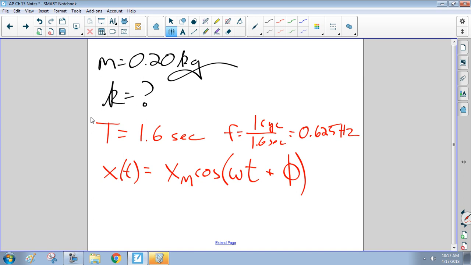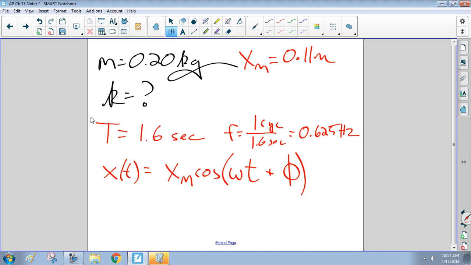It's our shift, right? So, we found our x max, right? What did we decide x max was? I think we used 0.11 meters, didn't we? Cool?